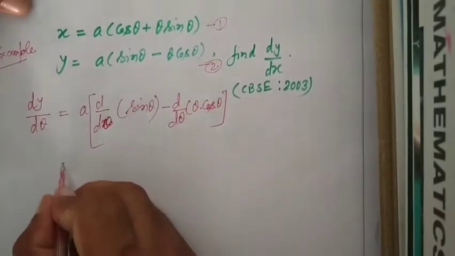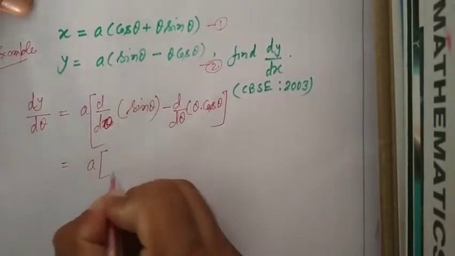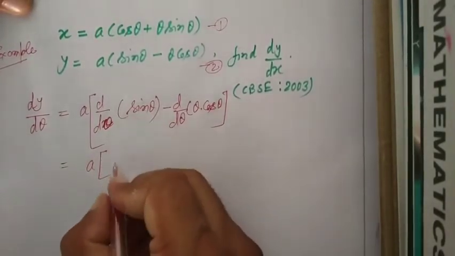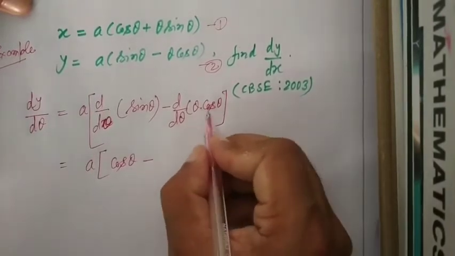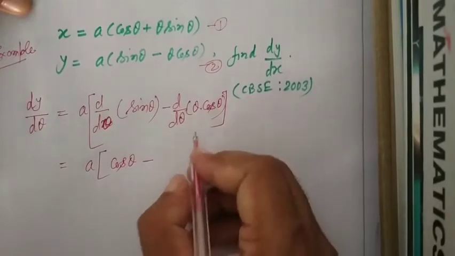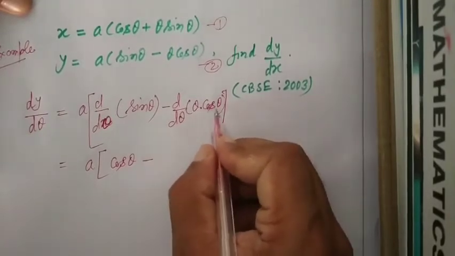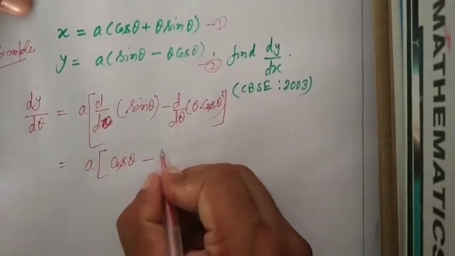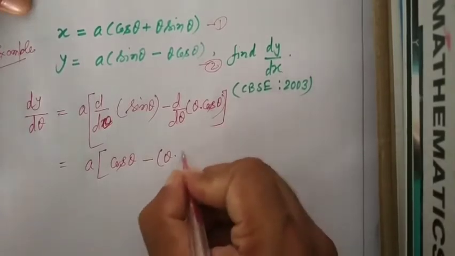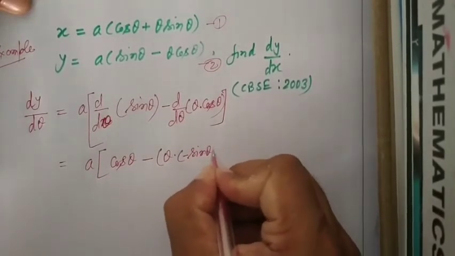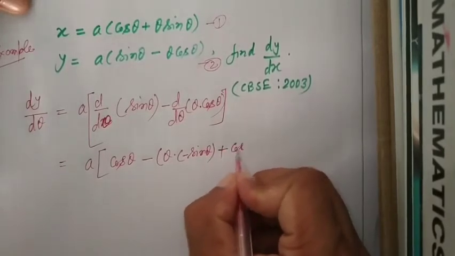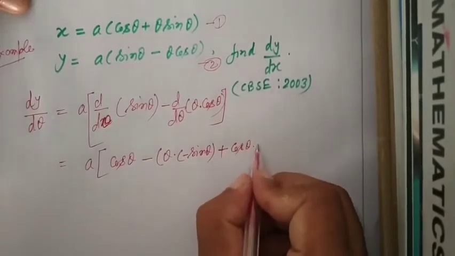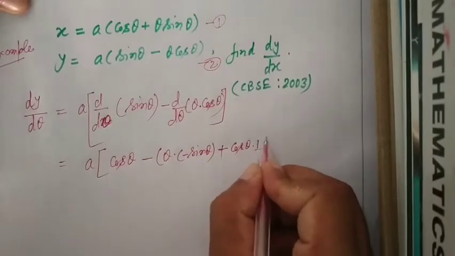Now simplify it further. The derivative of sine theta gives cos theta, and the derivative of theta times cos theta is calculated with the product rule, which gives theta times minus sine theta plus cos theta times the derivative of theta, which is 1.